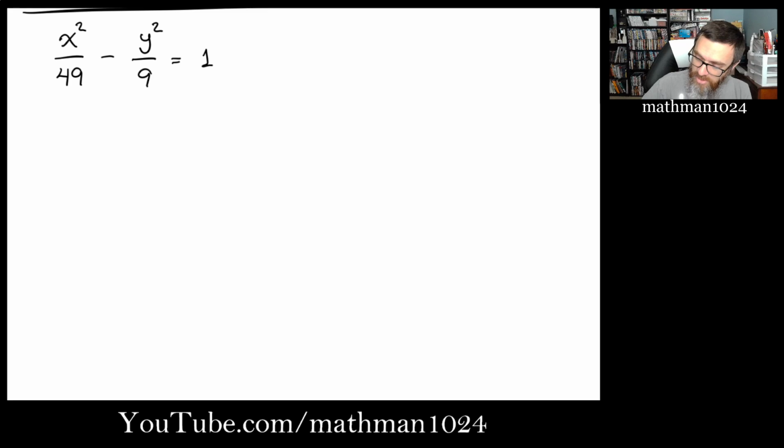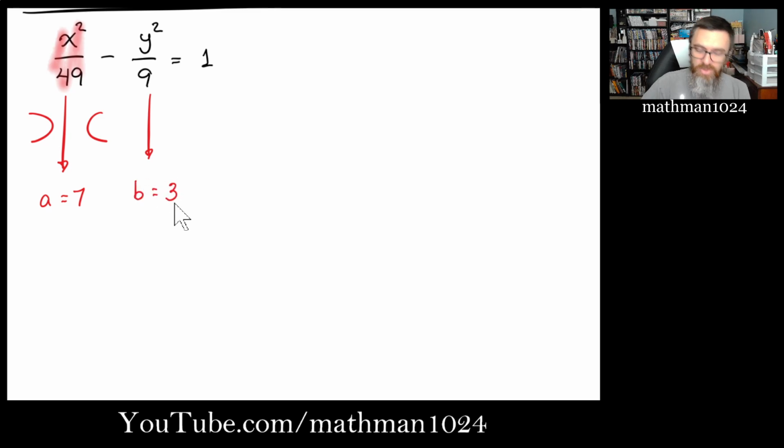Now, since the x one is positive, that means that we are opening in the x direction, so it's going to look something kind of like this. Well, let's work on the accuracy of this. So as I look underneath the x, I can see that here a is going to be 7, and from here b equals 3.